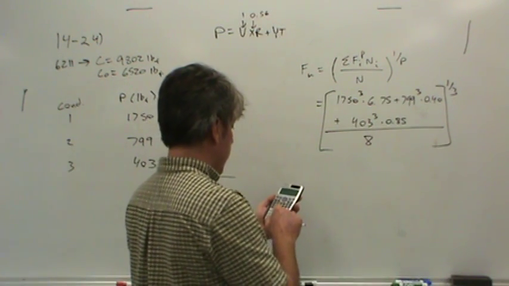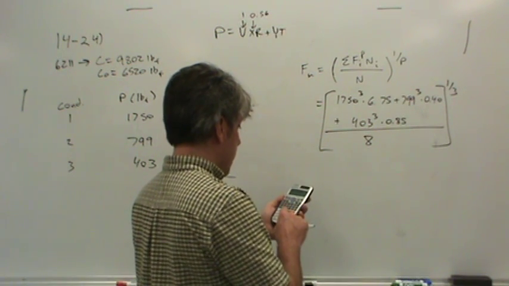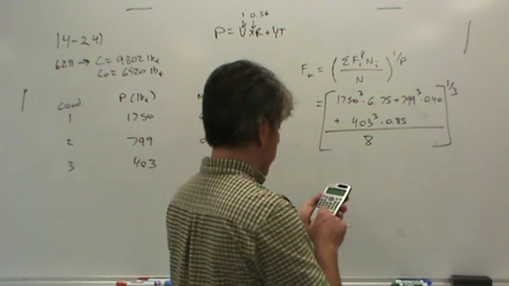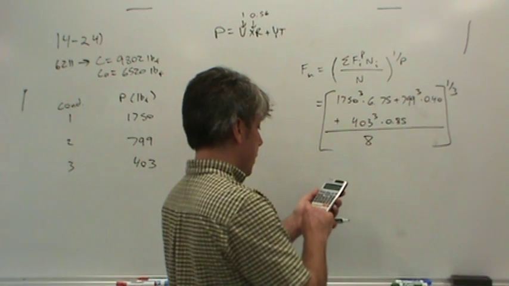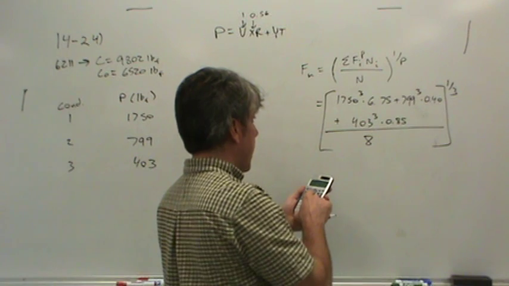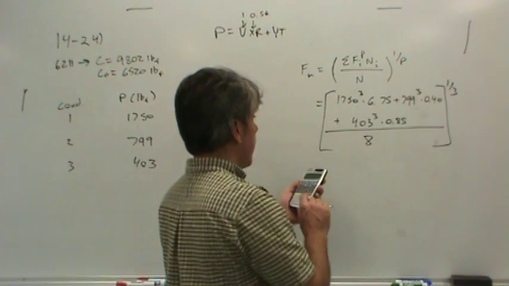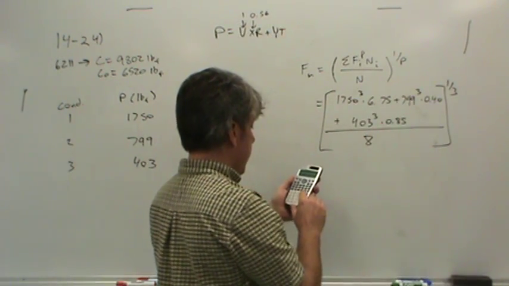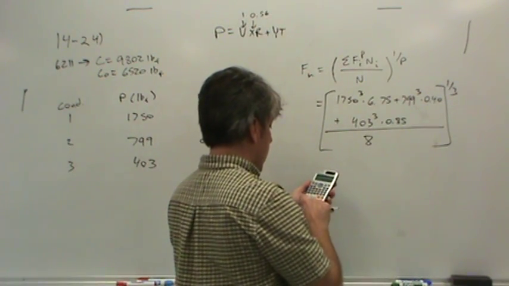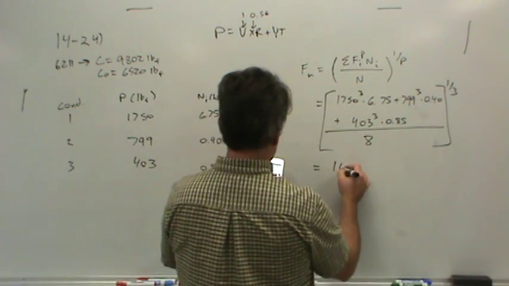Let me try again. 1750 to the power of 3 times 6.75 plus 799 to the power of 3 times 0.4 plus 403 to the power of 3 times 0.85 gives me the numerator here, which needs to then be divided by 8, and then raised to the 1/3 power.